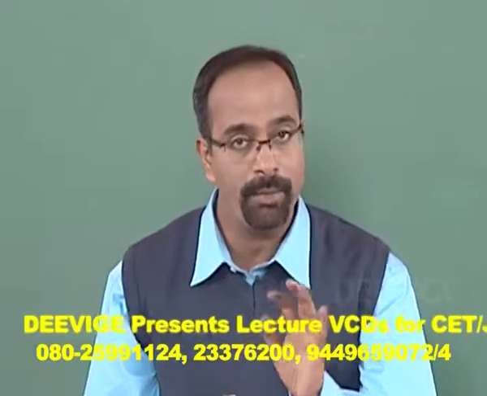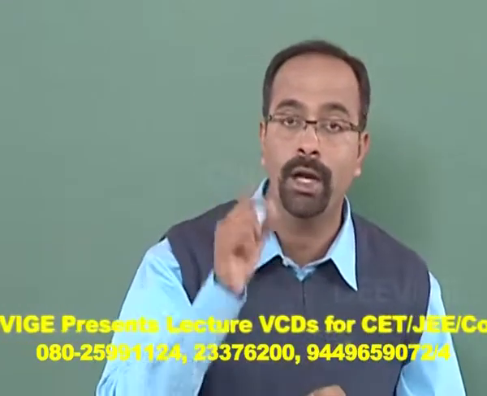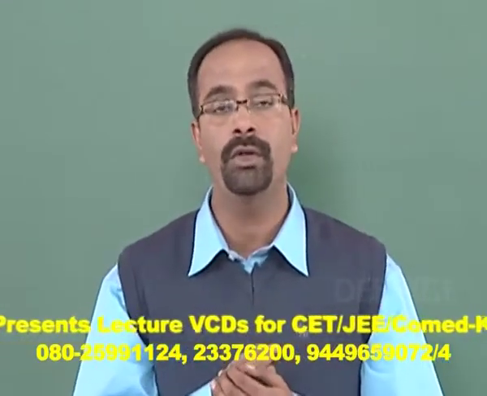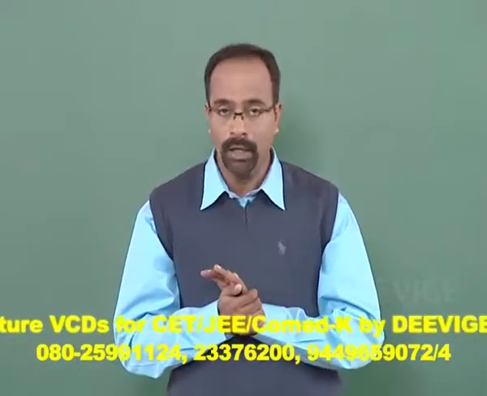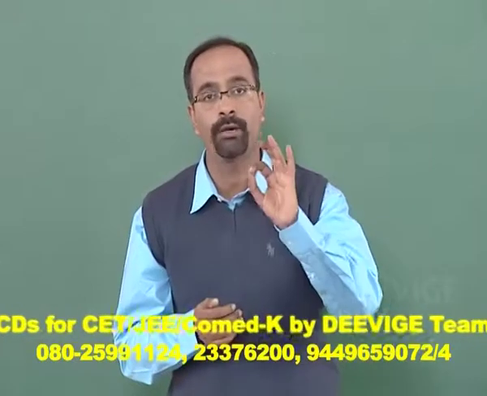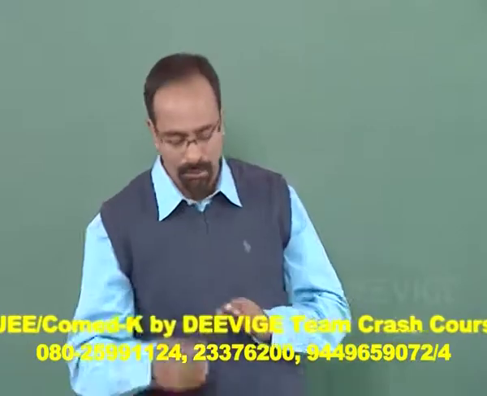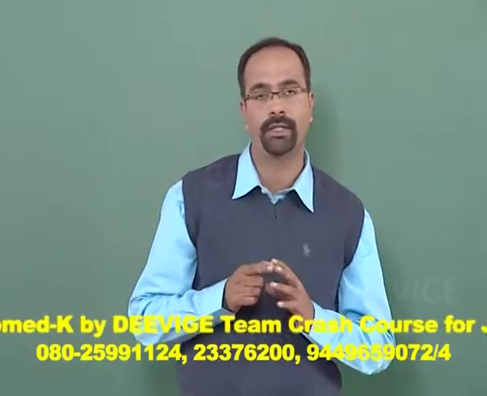The second major property of definite integrals is that the integral from a to b of f of x dx is equal to minus the integral from b to a of f of x dx.